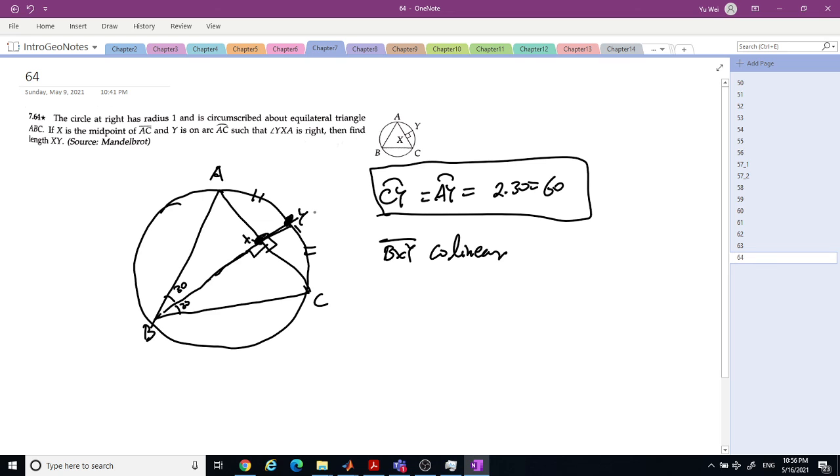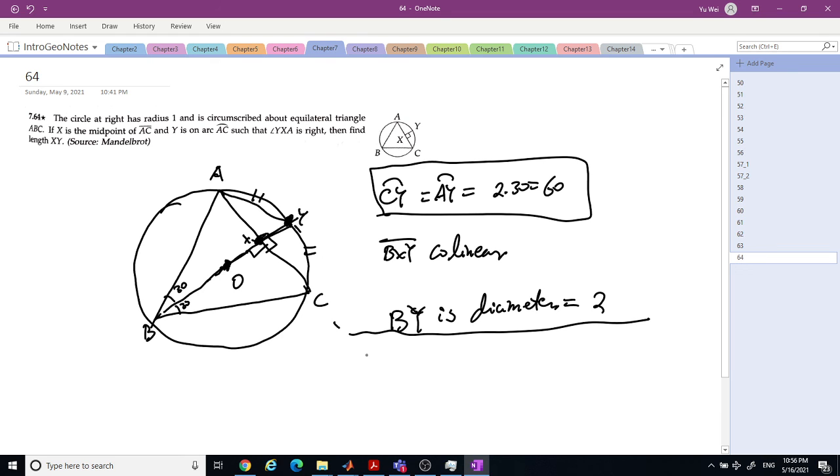Okay, we want to find the length of XY. So now we know the length of BY is the diameter, because the circumcenter is here, and it is equal to 2. So if we solve BX, now we can solve it.